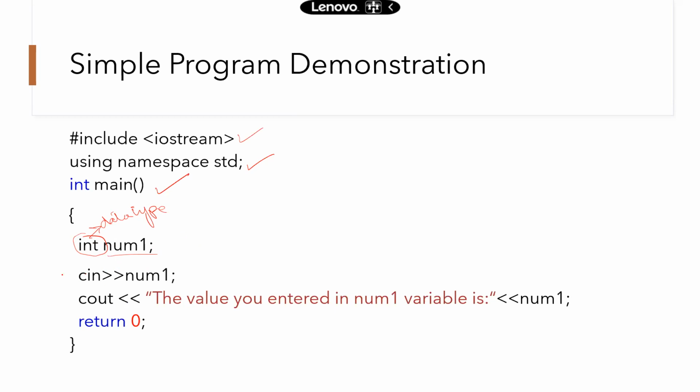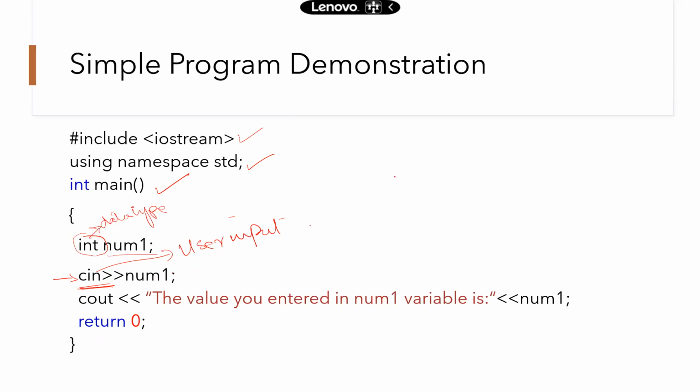Then over here, we can see there is a cin. The cin is for the user input. So whenever you put this cin and then the operator, and then num1 semicolon over here, it is going to ask you for the input on the console.